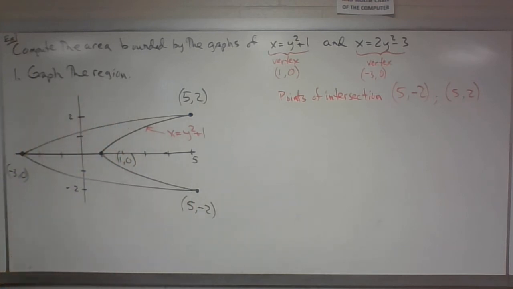I guess that doesn't look too bad. X equals a function of y. X equals 2y squared minus 3.